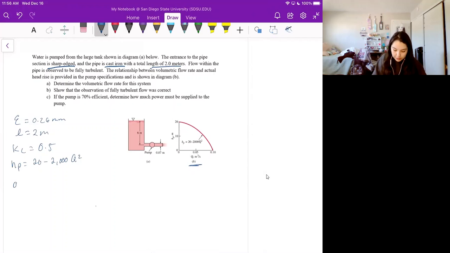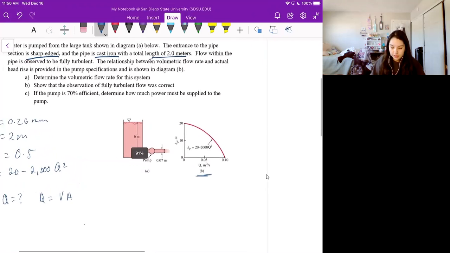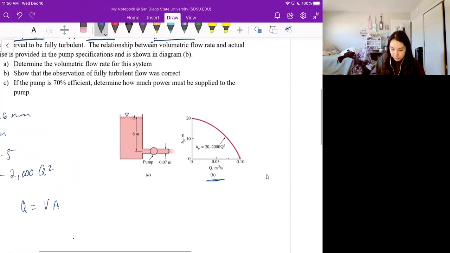So to begin part A, we are looking for Q. Now we know that volumetric flow rate Q is equal to VA, velocity times area. So to begin, we're going to label our points on the diagram. We're going to label point 1 here and point 2 at the exit.